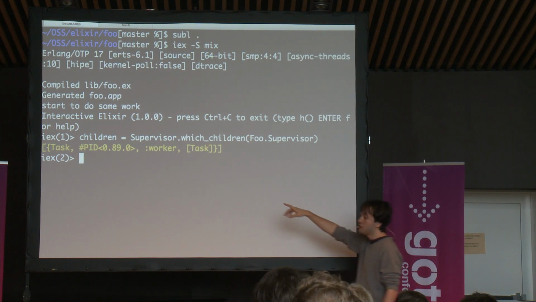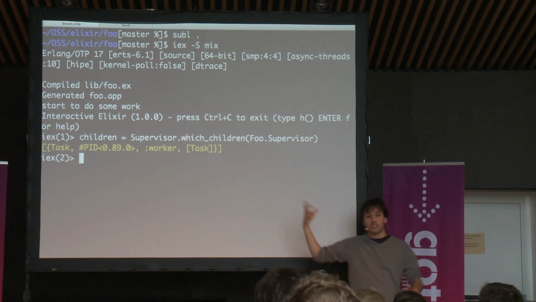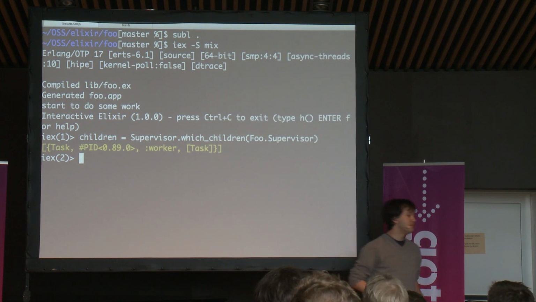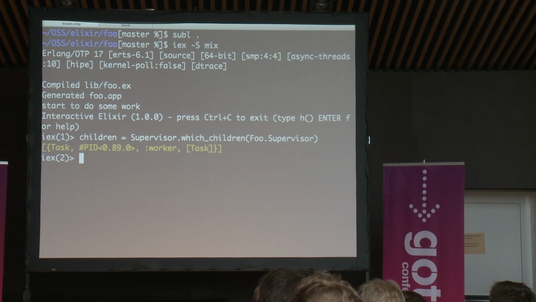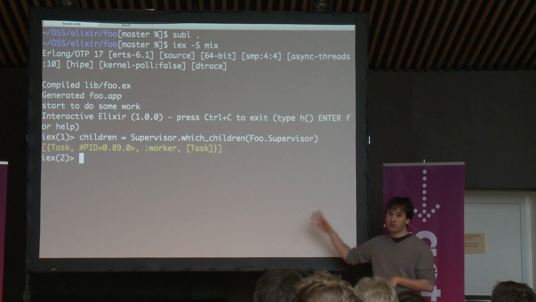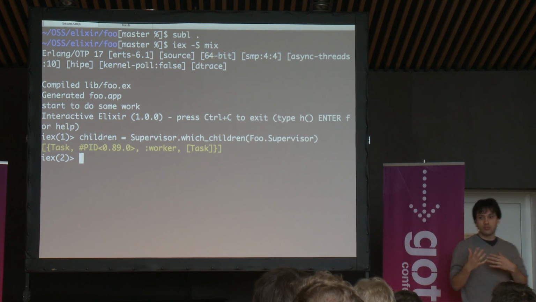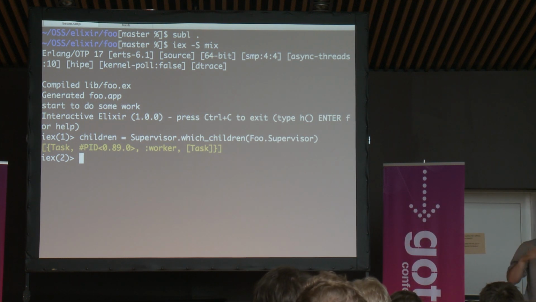This PID is the process identifier. It's just identifying the process in case you want to send it messages and so on. And it's the type of a worker. And the 4th argument, we use it in case of code reloading. I'm not going to go into details. If you want to know more, we can discuss it later in the questions part.